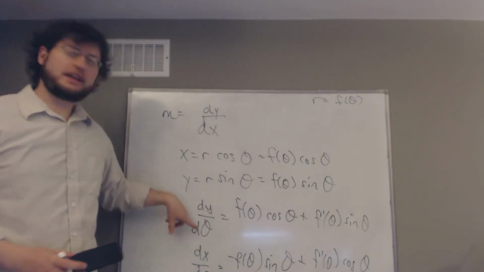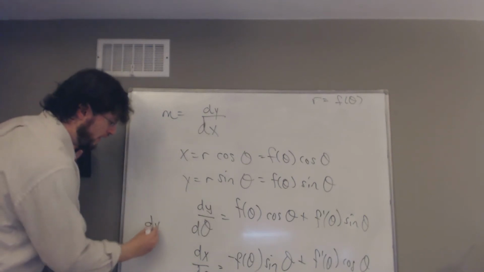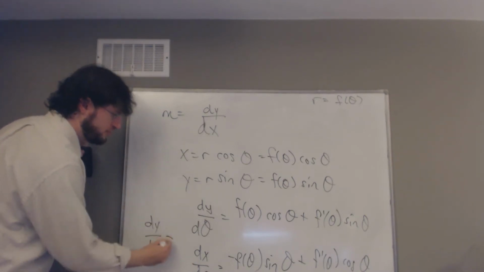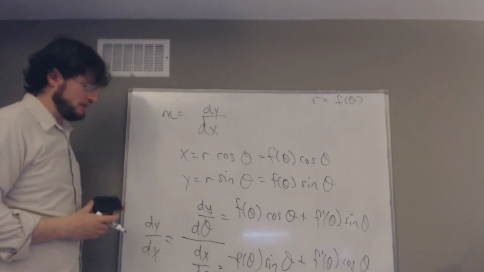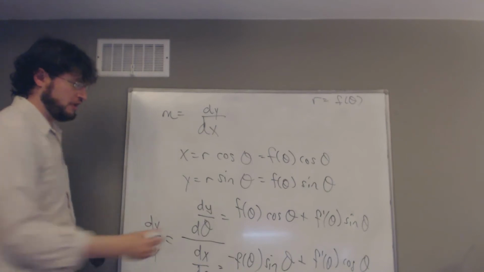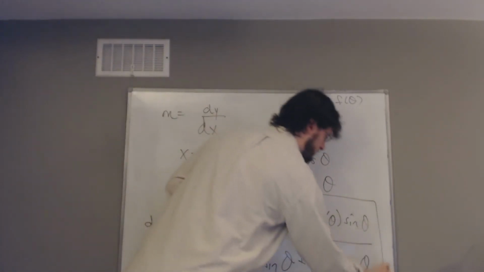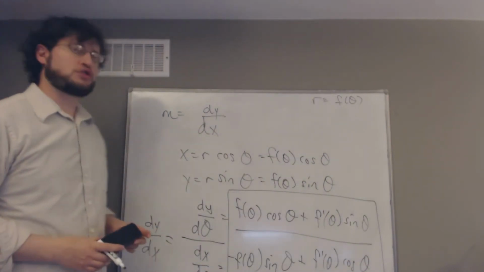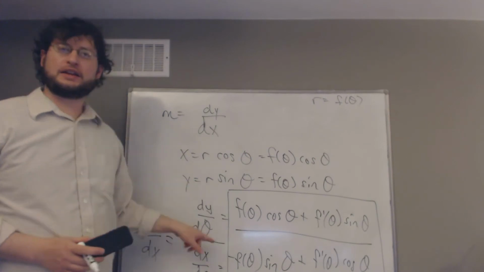So dy d theta and dx d theta we calculate, but the point is that dy dx is just dy d theta divided by dx d theta, because the d thetas cancel, and we end up with a formula that looks messy. It's hard to remember. In fact, you don't have to remember it if you just remember how we got it.